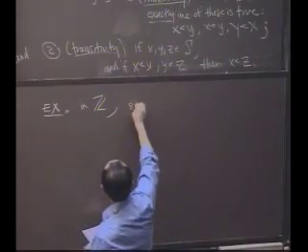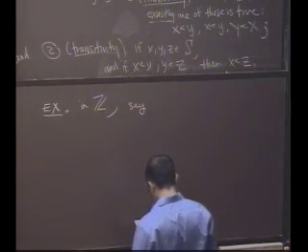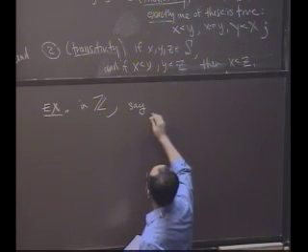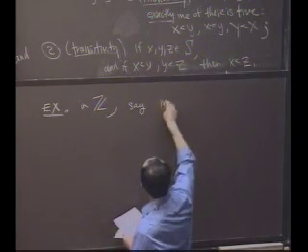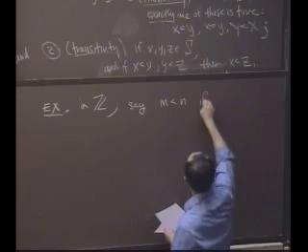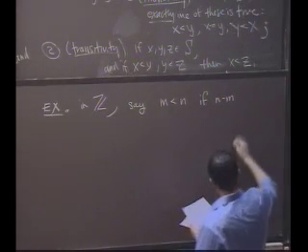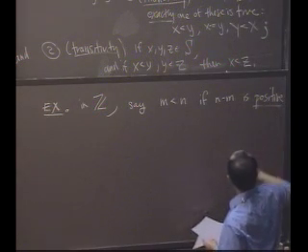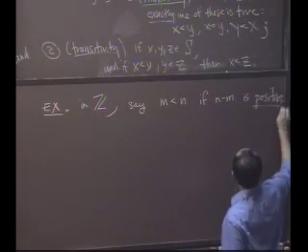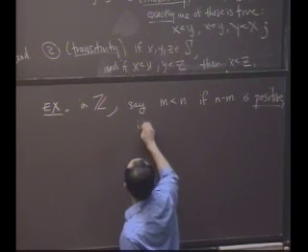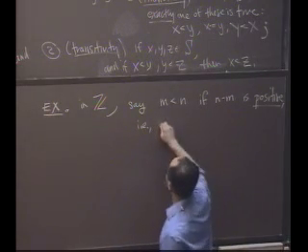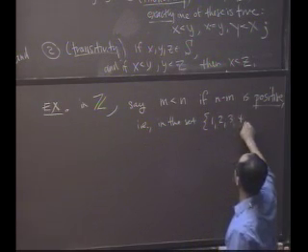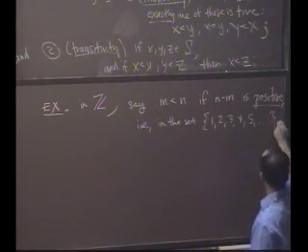So in Z, we're going to say an integer M is less than N if N minus M is positive. That's the correct definition. And what positive means, i.e. just means, in other words, the set 1, 2, 3, 4, 5, and so on.